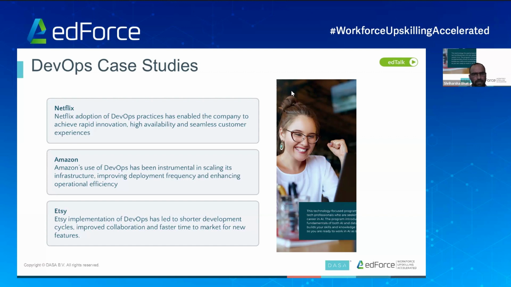And then another one is Amazon. I think it's one of my favorite case studies, which I most often refer to. In scaling their infrastructure, I think Amazon has done a wonderful job. They improved their deployment frequency so fast, embracing operational efficiency as well.